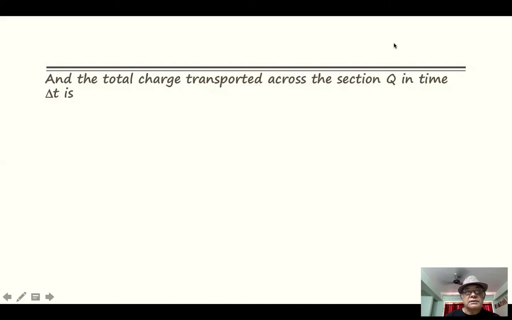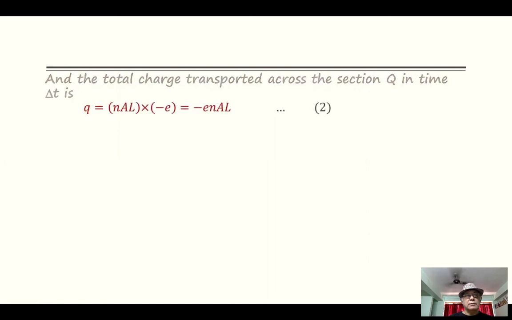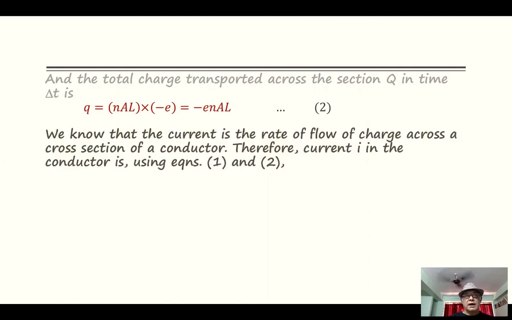And the total charge transported across the section Q in time delta t is Q equal to NAL multiplied by minus e, equal to minus eNAL. This is equation 2. We know that the current is the rate of flow of charge across a cross-section of a conductor.